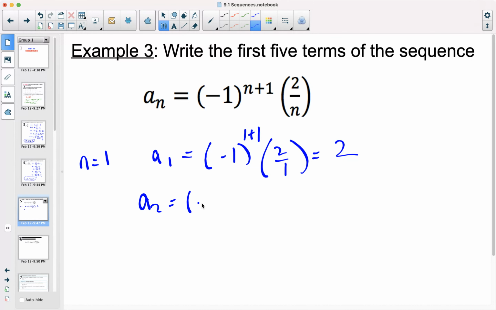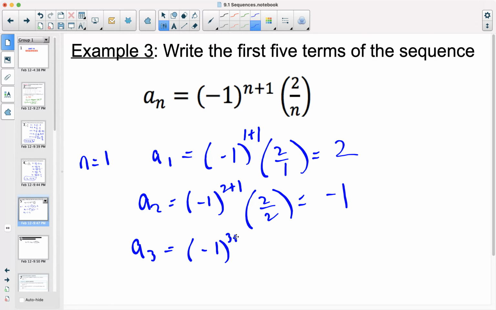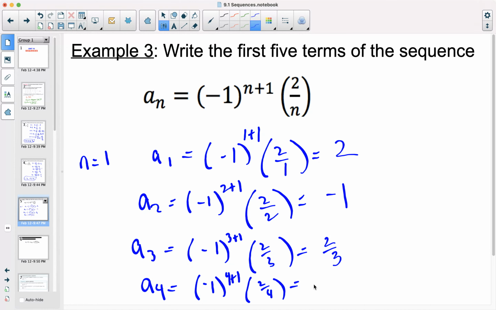The second term would be -1 to the 2 plus 1, times 2 over 2. Well, 2 plus 1 is 3. -1 to the third is negative, so that's -1. And the third term, -1 to the 3 plus 1, times 2 over 3, is going to be 2 over 3, because that's -1 to the fourth power. The fourth term, -1 to the 4 plus 1, times 2 over 4, is going to be -1/2.